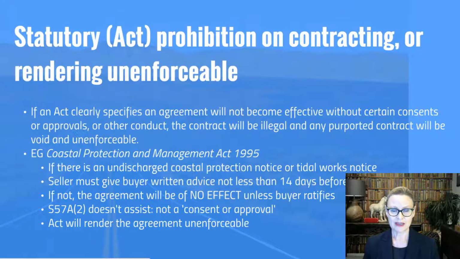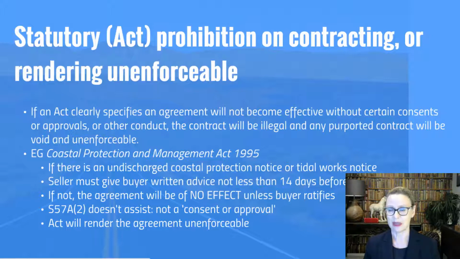And so where an act on its face clearly specifies that an agreement is either not going to become effective at all or it's going to be illegal or void and unenforceable, then that is the effect that will flow from that statutory provision.